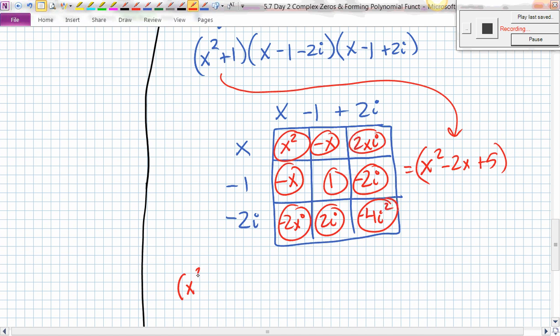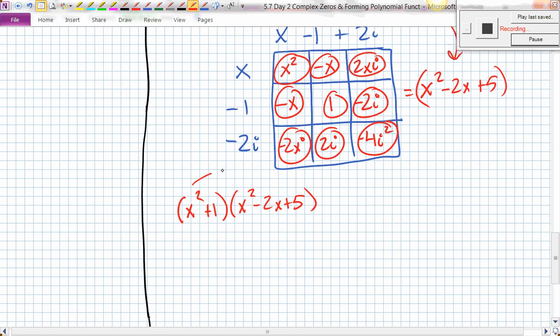So x squared plus 1 times x squared minus 2x plus 5. Now this one, I can go ahead and use the distributive property. It's not too bad. So x squared times x squared, that gives me, here's my function I'm creating, x to the fourth, a fourth degree polynomial, minus 2x to the third, plus 5x squared, and then times 1, so basically just rewrite the second function again.